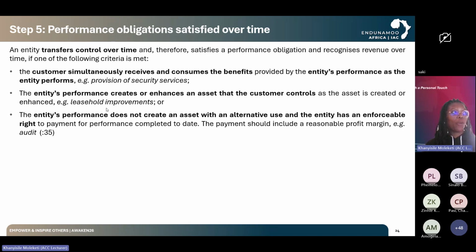If you land here, you conclude here, you don't come to this last one. If you don't meet this one or this one, you assess this one. And if you meet this one, you still conclude over time. If you don't, if it's no, then you conclude at a point in time. See? So at a point in time is always because it does not meet any of the over time criteria. Okay.